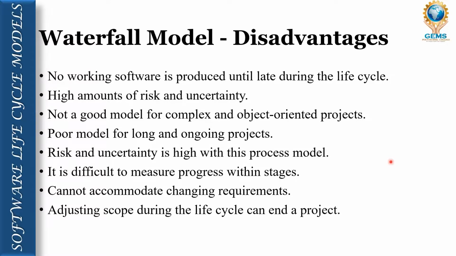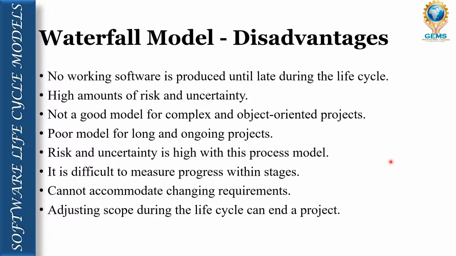Risk and uncertainty is high with this model, as I told you in the first point itself, because of its rigidity. It is difficult to measure progress within stages. Adjusting the scope during the life cycle can end a project.